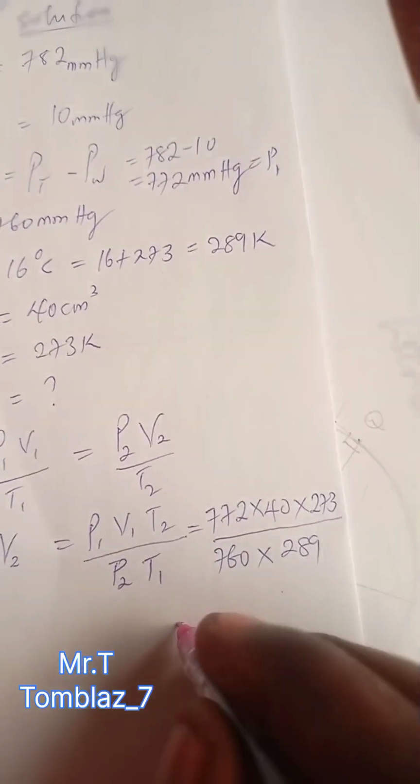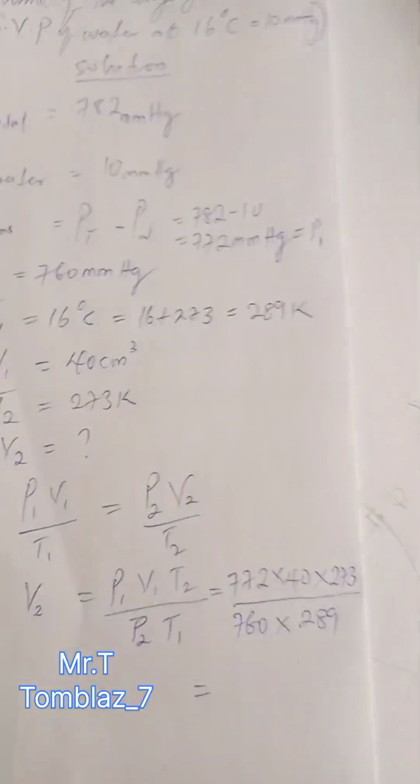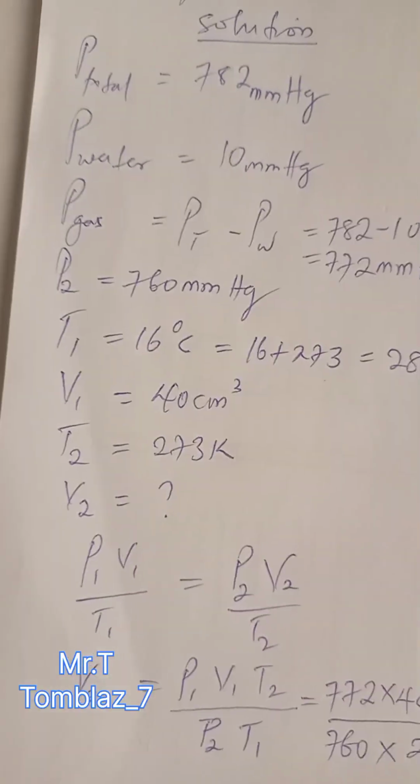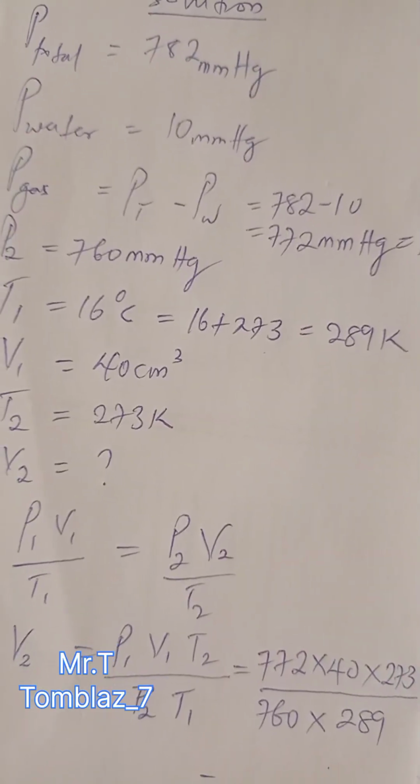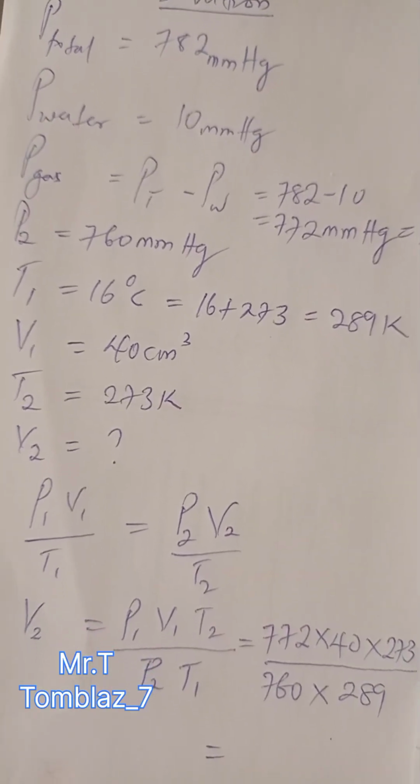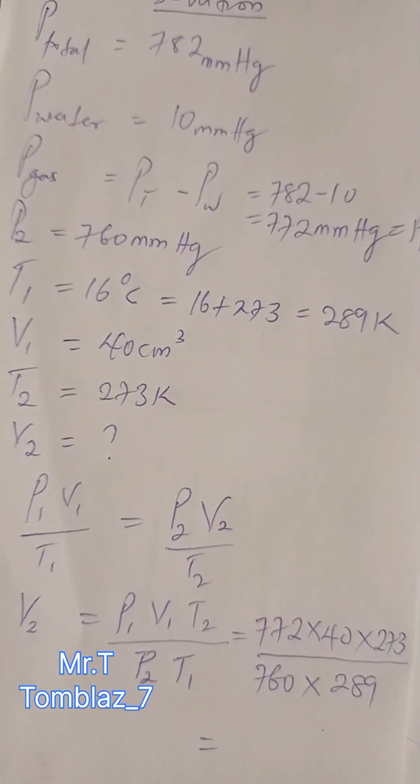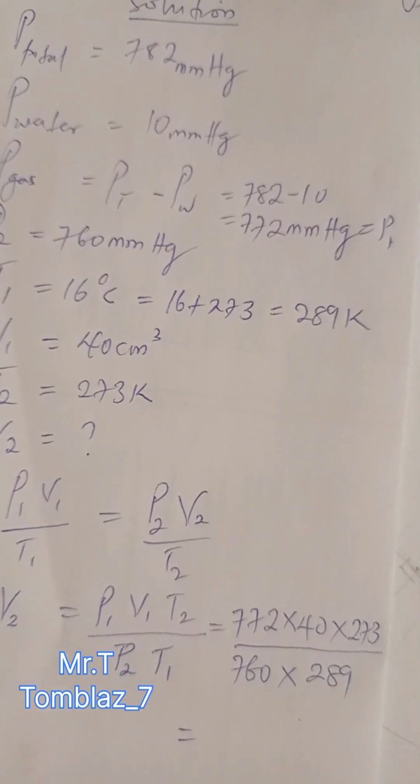So let's multiply the numerators now and see what we're going to do. We have 772 times 40 times 273.